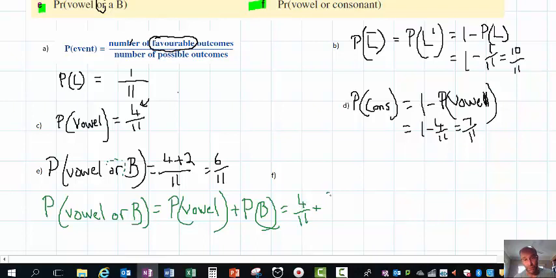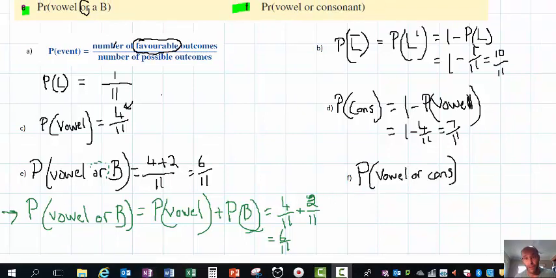Probability of a B was 2 on 11. There are two B's there. 4 on 11 plus 2 on 11 is 6 on 11. You can see they give the same answer. When we get to more sophisticated probability work, we'll see that this one actually is more efficient. It might not be for this little question, but you will see in this unit that it is more efficient to use the addition. Anyway, more about that in a future video.